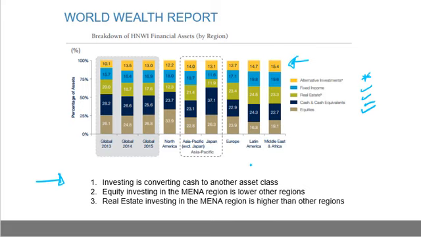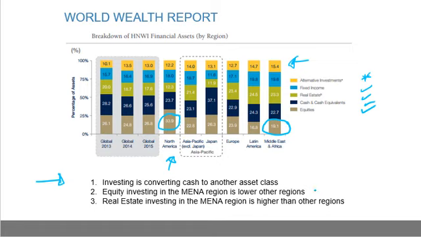If we look at North America, the percentage invested in equities on average is over 30%, around 34%, whereas in the Middle East and Africa it's much lower, about 19%.